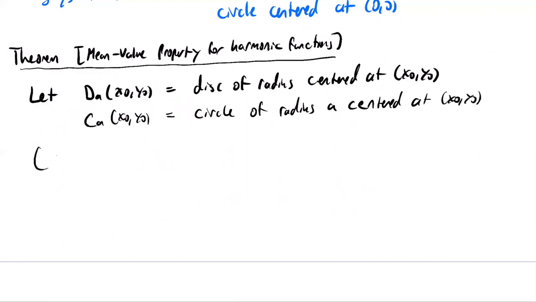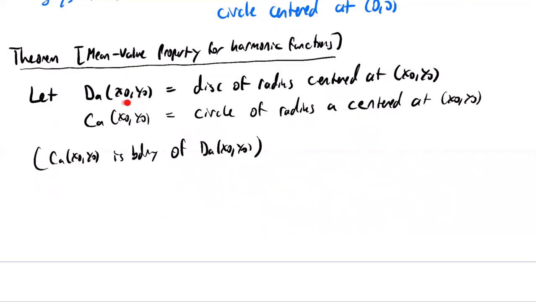So in particular, C sub a of x naught, y naught is the boundary of D sub a of x naught, y naught. D sub a is the disk of radius a centered at this point, which includes all the interior points, and then C sub a is the boundary circle of the domain, right?